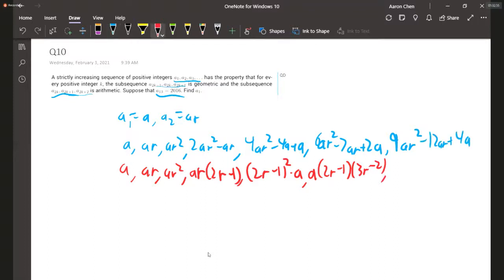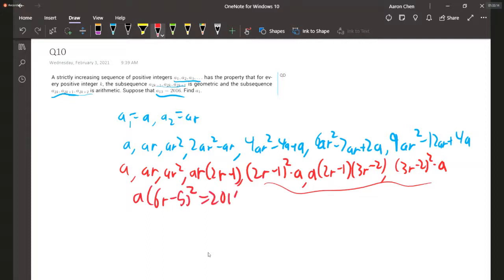And this factors as (3R minus 2) squared times A. And you can just repeat, and the pattern here should be obvious by now. And it holds, so eventually you have that the 13th term is A times (6R minus 5) squared. And this is equal to 2016.